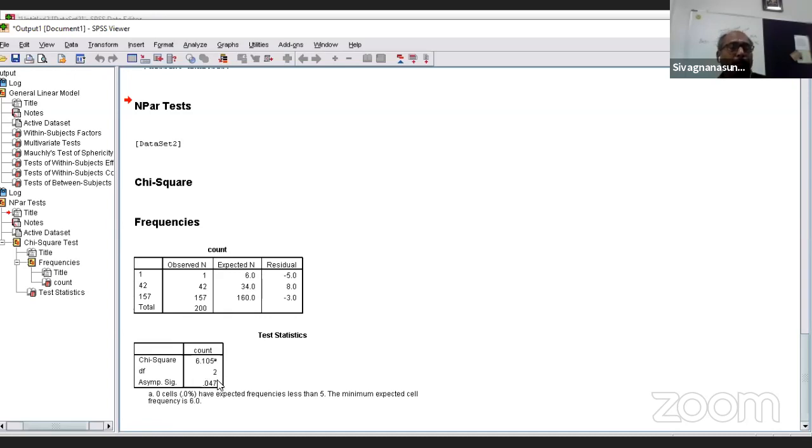the significance value. The null hypothesis is there is no difference between observed frequency and expected frequency. So what does it mean?